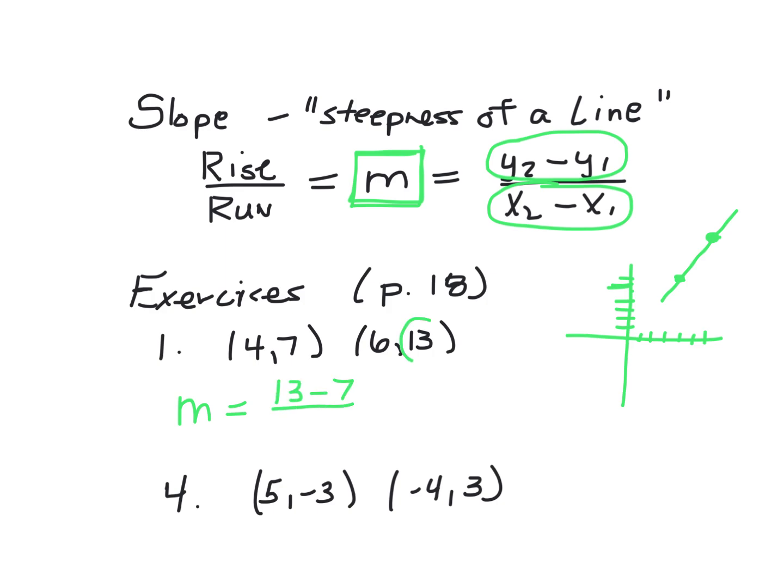These are my y coordinates. And then my change in x would be 6 take away 4. I need to subtract them in the same order on the top as on the bottom. So I have 6 over 2, which is 3. Which means on this line I go up 3 and over 1, up 3 and over 1, up 3 and over 1.